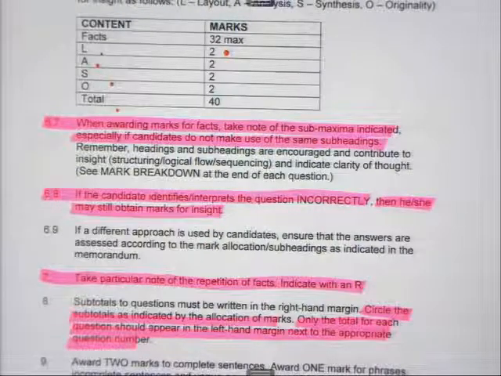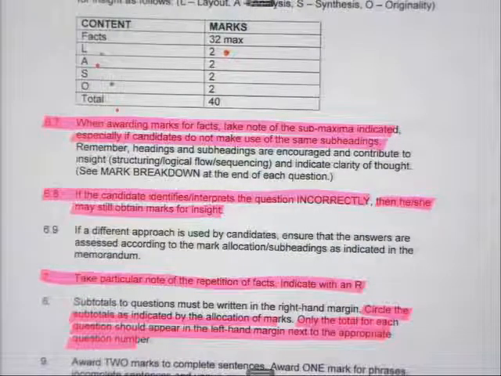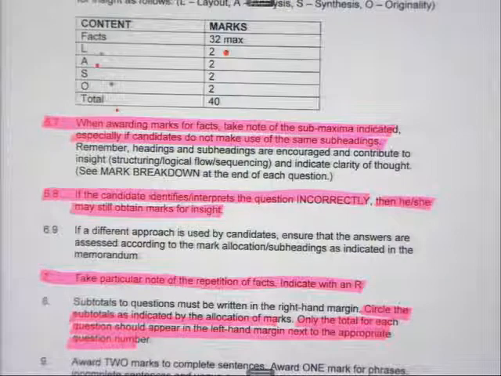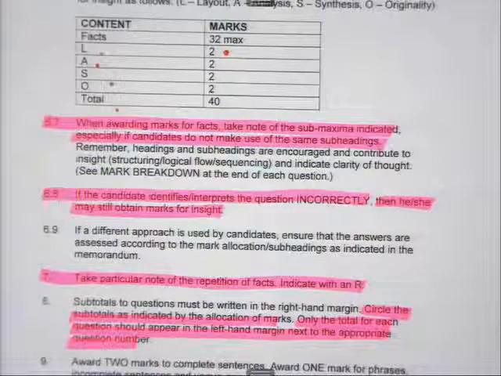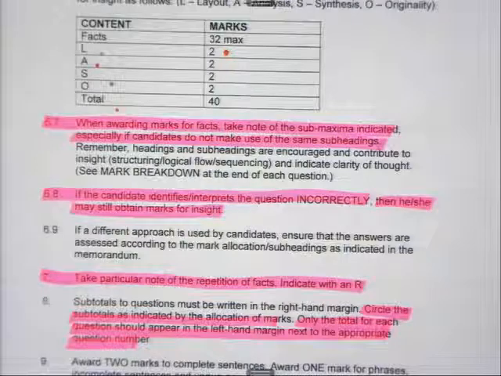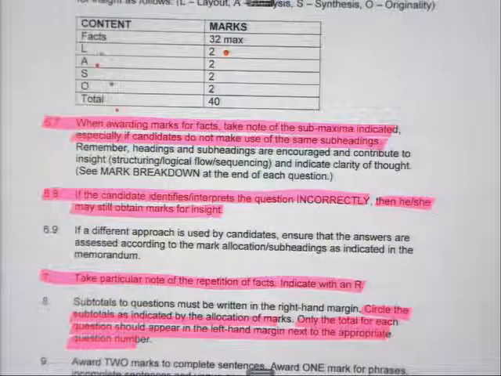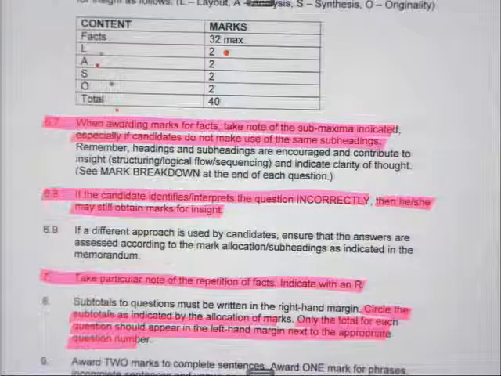Take particular note of the repetition of facts, indicated with an R. I've already touched on that, because learners can repeat a point differently, but it still means repetition. Let me cite an example with a common question on, say, the purpose of the Skills Development Act. You'll have candidates repeating one thing over and over again. Just take note of that and write the capital letter R to indicate that this is repetition.